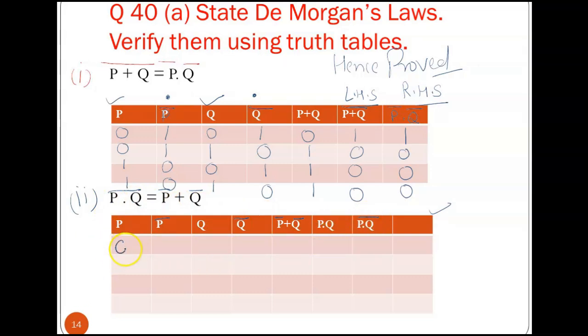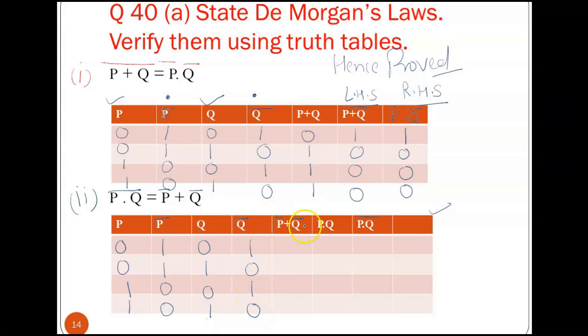So let us start. P is 0, 0, 1, 1. Q is 0, 1, 0, 1. Then P bar is the opposite of P, so 0 will become 1, 0 to 1, 1 to 0, and 1 to 0. Then Q bar is also the same: 0 to 1, 1 to 0, 0 to 1, and 1 to 0.